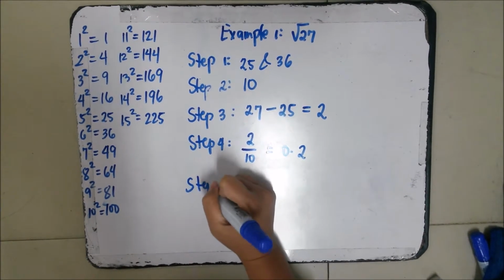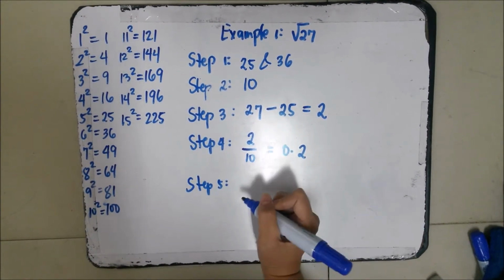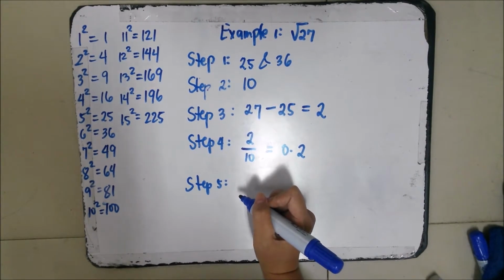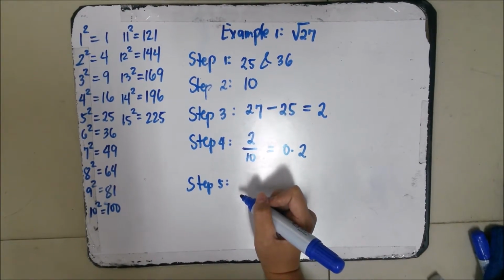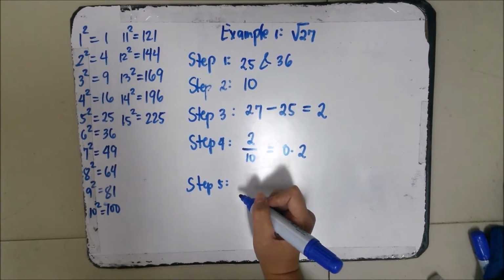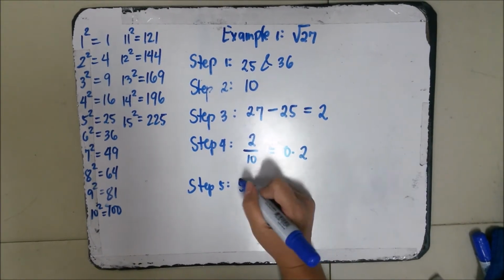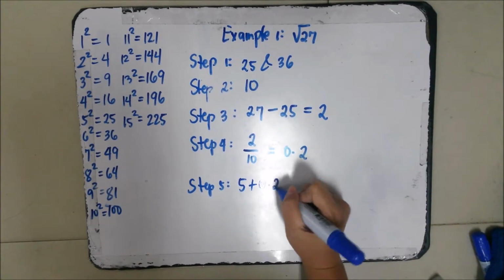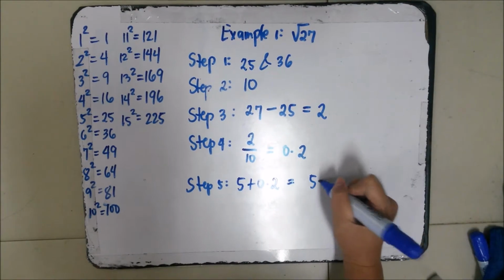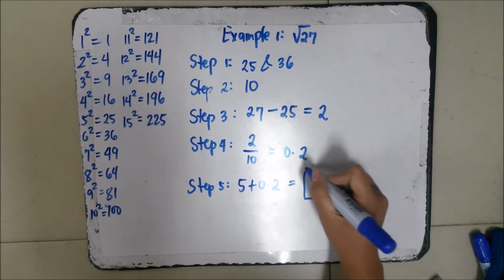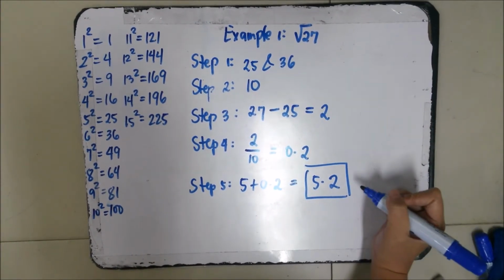Step 5 is to add the square root of the smaller square to the answer of step 4, and this is your estimate. So the square root of the smaller square is 5, plus 0.2, so our answer is 5.2. So the square root of 27 is 5.2.